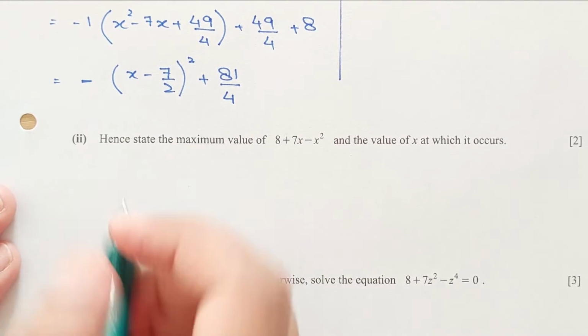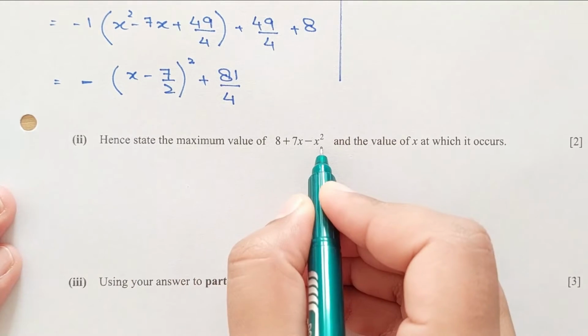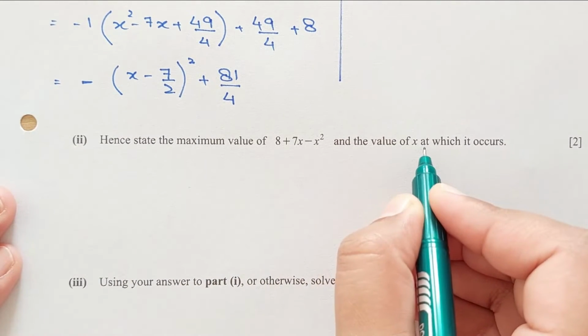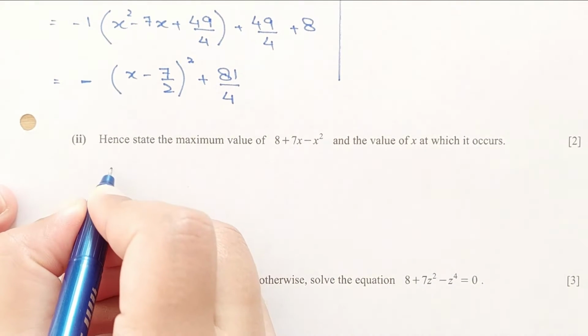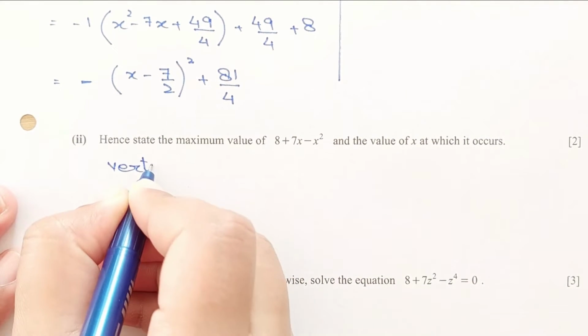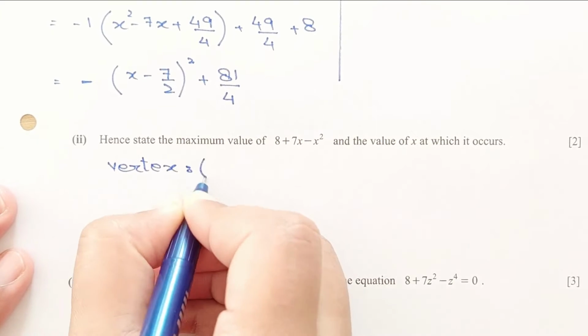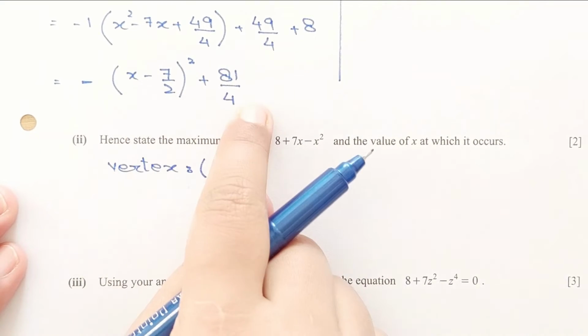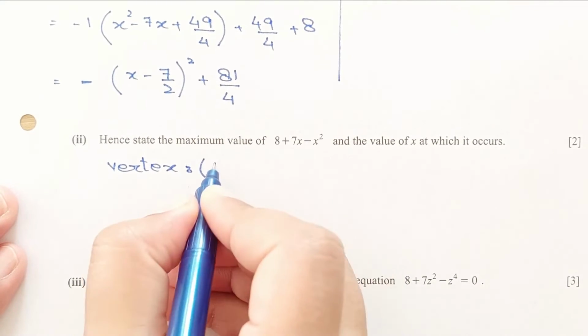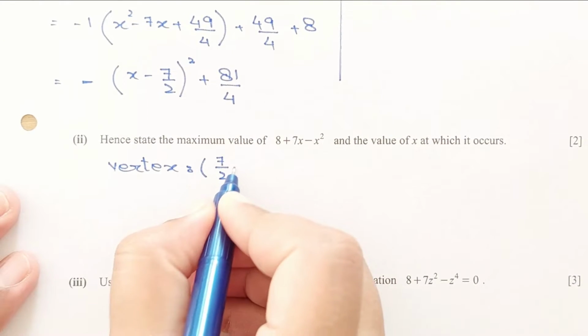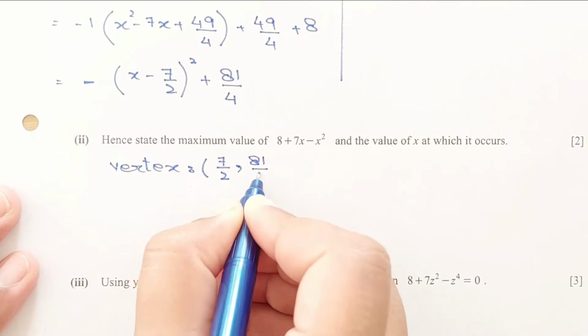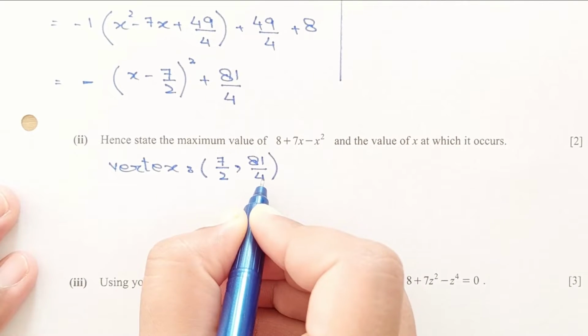Now for the second part, hence state the maximum value of this function and the value of x at which it occurs. Okay, so the maximum value is, we have the vertex. These are the coordinates of the vertex, right? So the coordinates of the vertex are 7 by 2 and 81 by 4. So this is the x coordinate and this is the y coordinate.